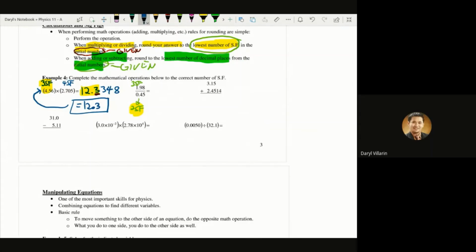But I will try to divide that one first. 1.98 divided by 0.45. The answer is, well, actually also in 2 significant digits, which is 4.4. So I'm going to stop. My final answer should have 2 significant figures, okay?